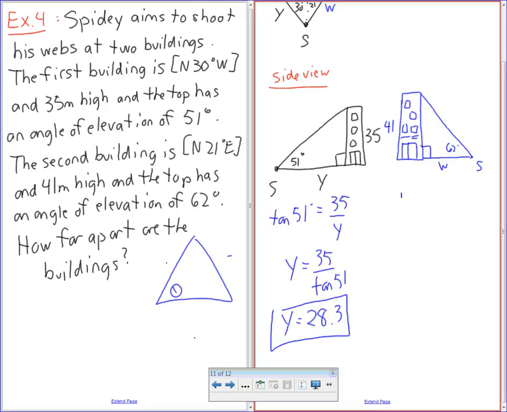Tan 62 equals 41 over W. W equals 41 over tan 62. What does W equal? 1.8.